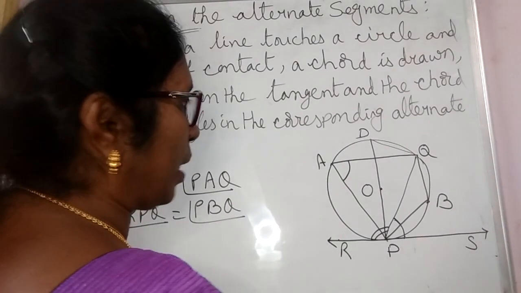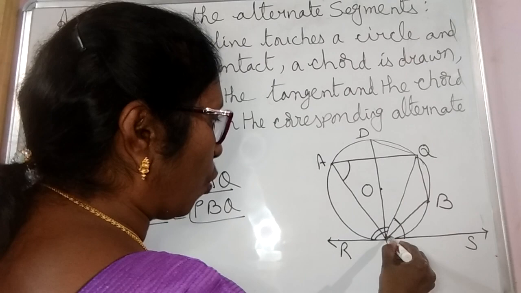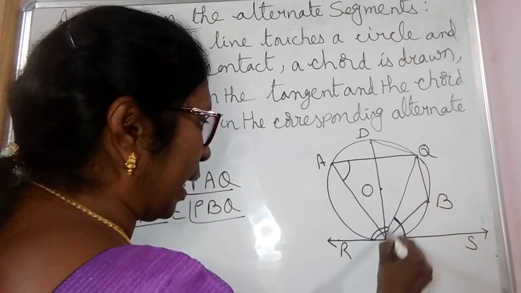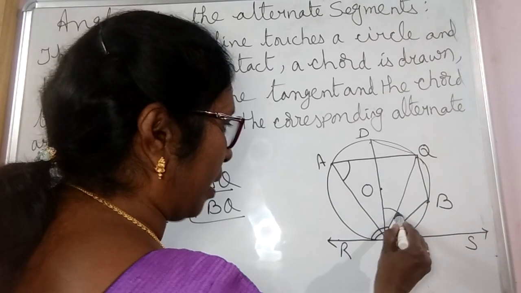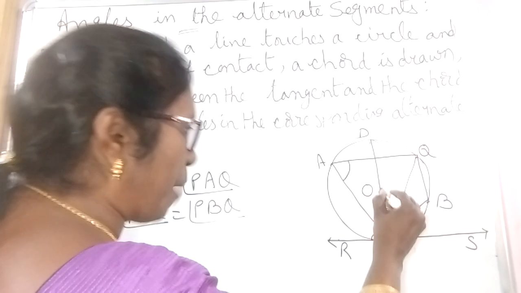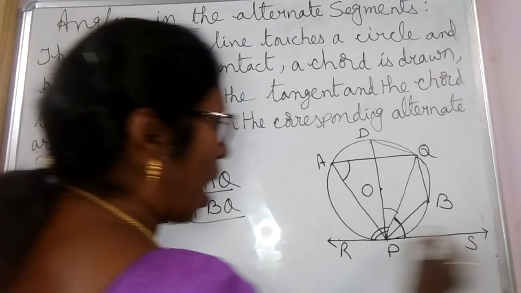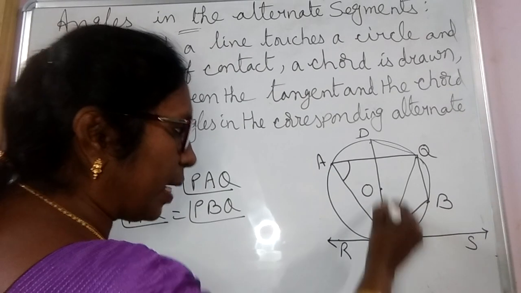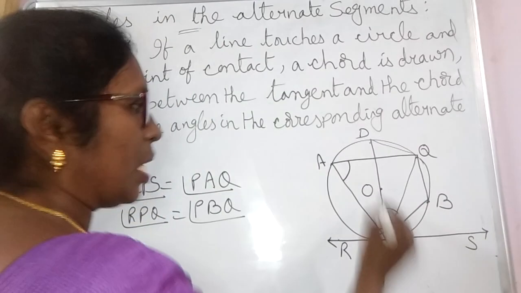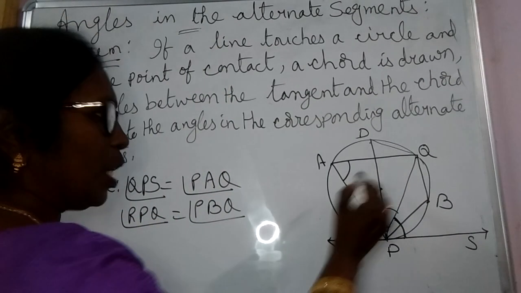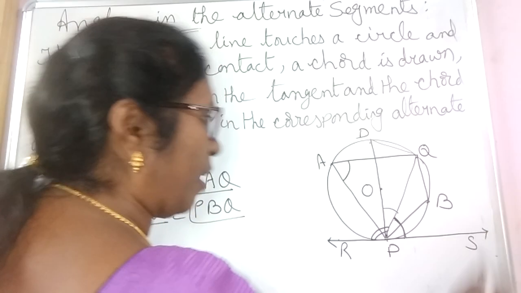Now you see children, angle QPS and angle DPQ, the sum of these two is 90 degrees, because OP is the radius, RS is the tangent, and the radius at the point of contact makes 90 degrees with the tangent. So angle OPS is 90 degrees.